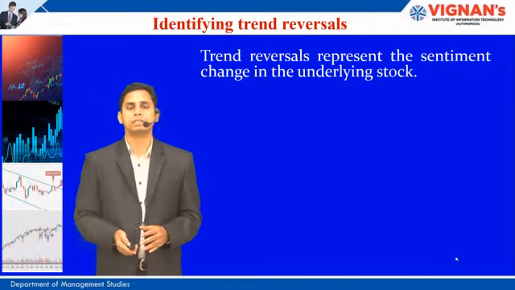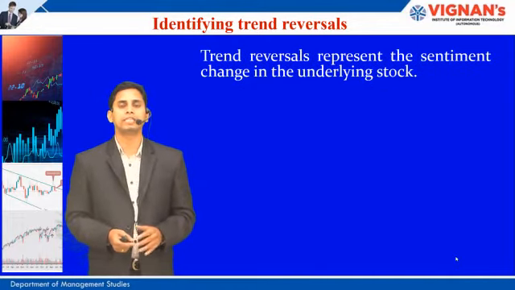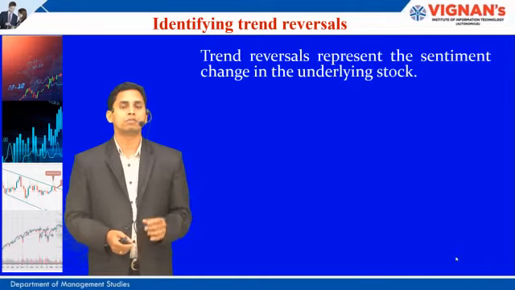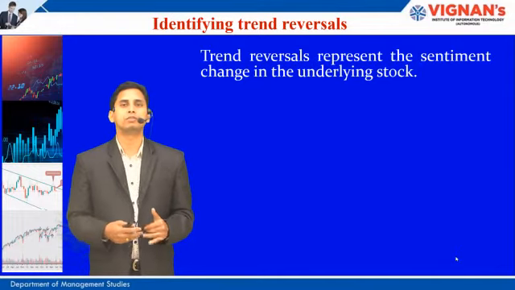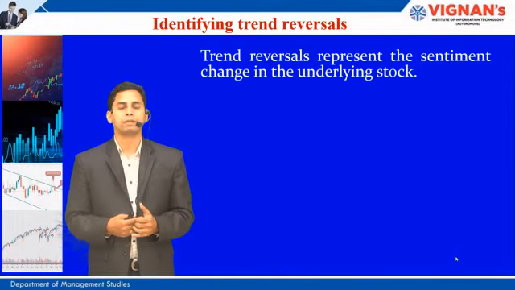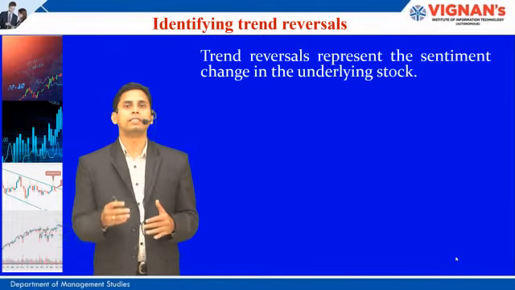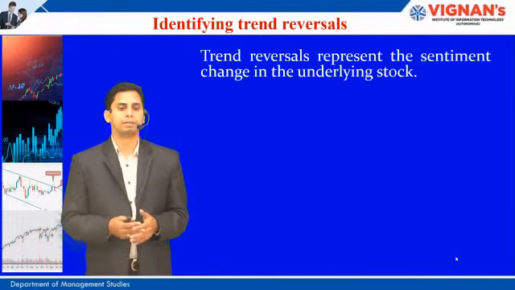Identifying trend reversals is very important for the trader, whether in the upward or downward direction. You should understand to what extent the underlying trend can continue, and when it is going to move back. By then you must be ready to either enter or exit the market.